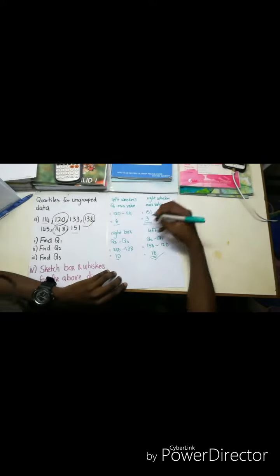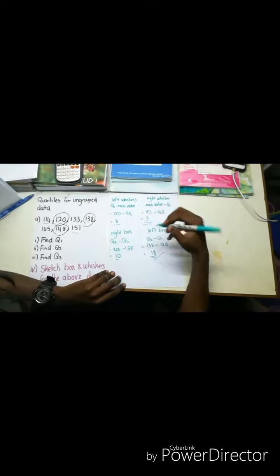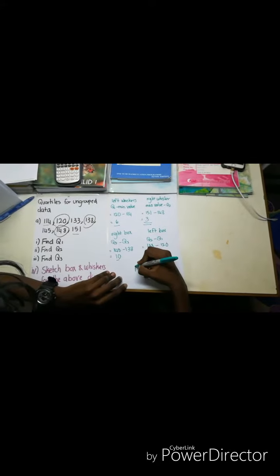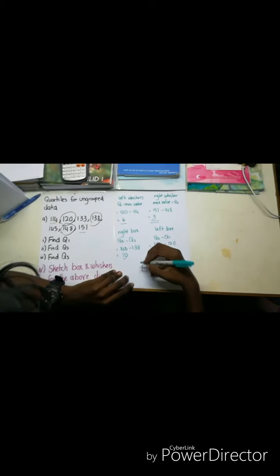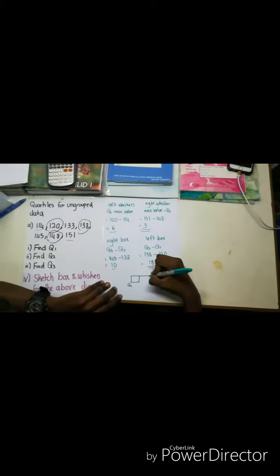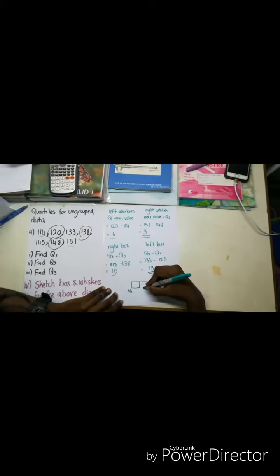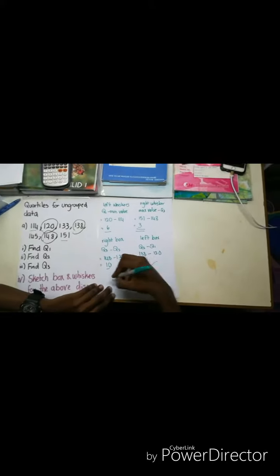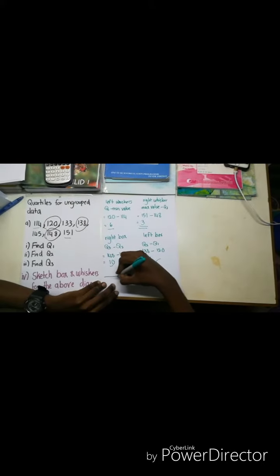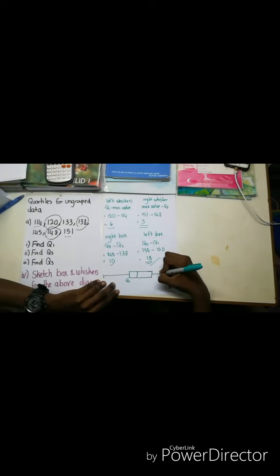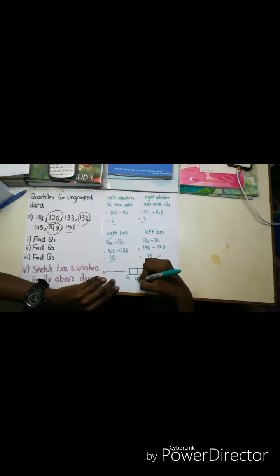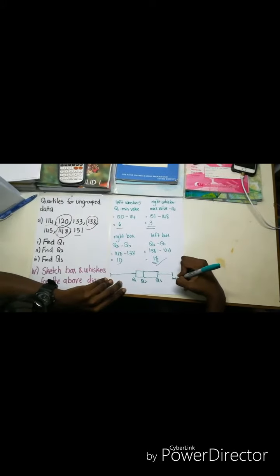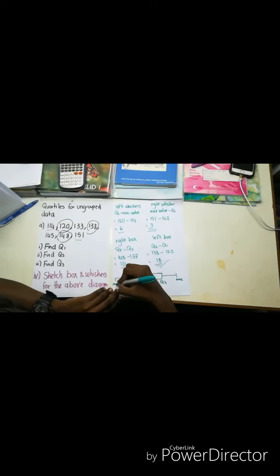Just sketch it. We sketch the box. You know the right box is shorter than the left box. So this is our Q1. And the left whisker is much longer than the right whisker. Q1, Q2, Q3, the maximum value, the minimum value.